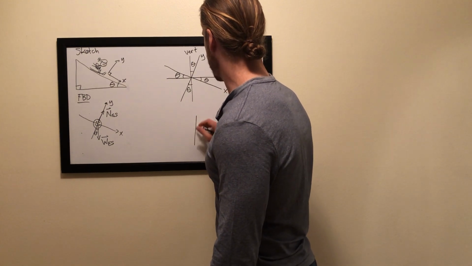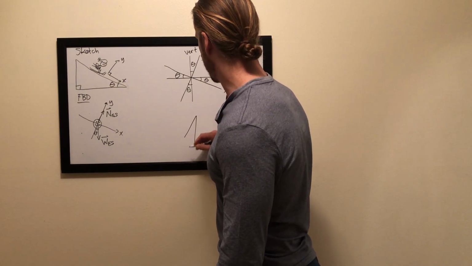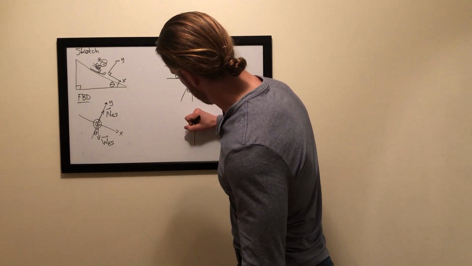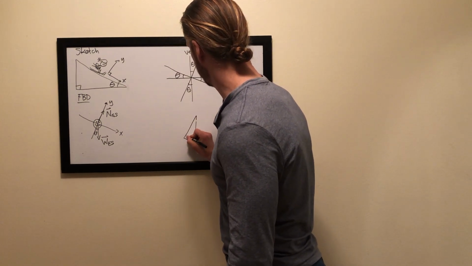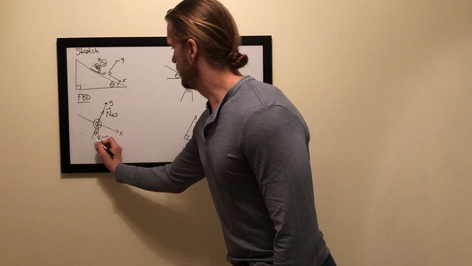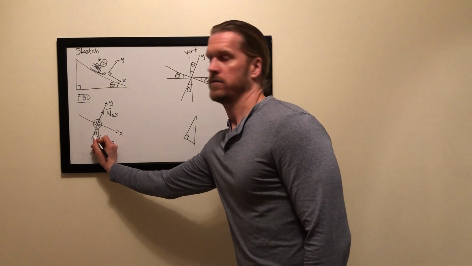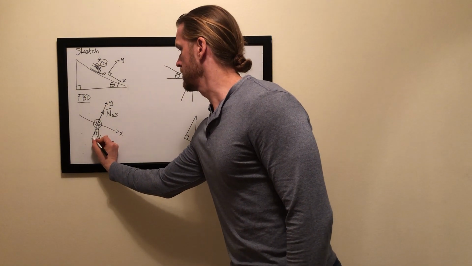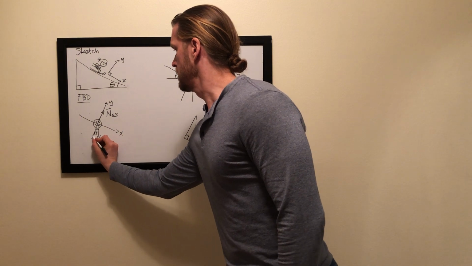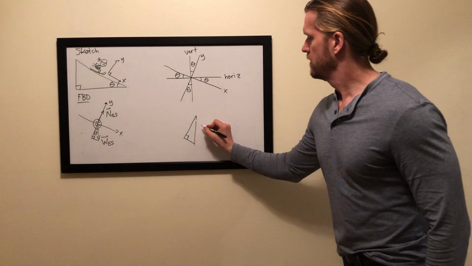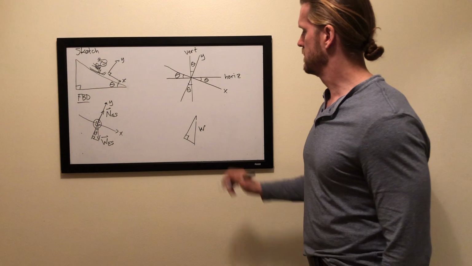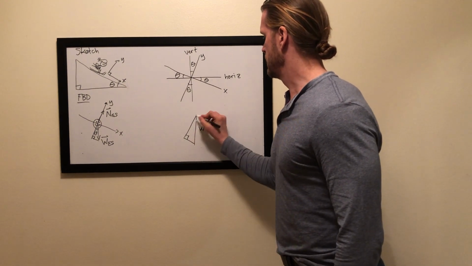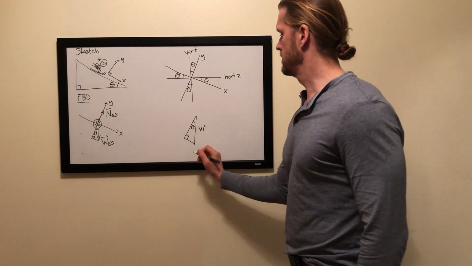So gravity points down, our y direction is at this angle, and here's a right triangle. If you go back to our original free body diagram, there's a right triangle. So there's W, and there's theta.